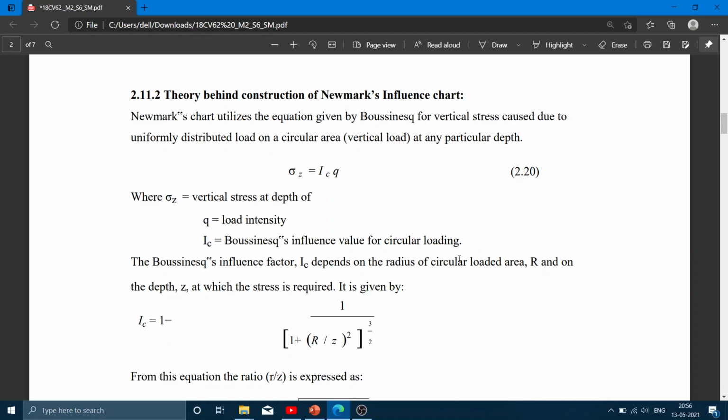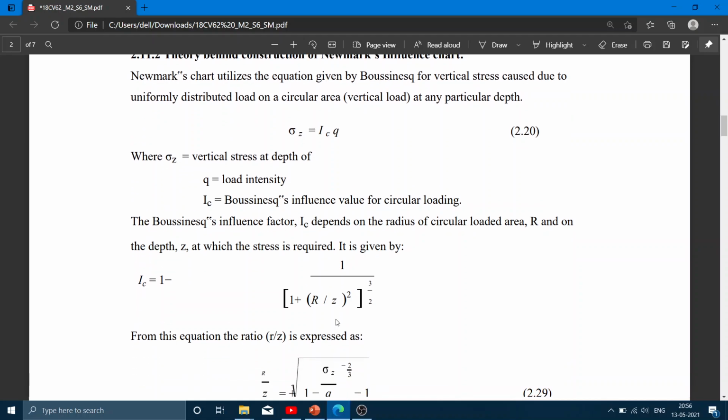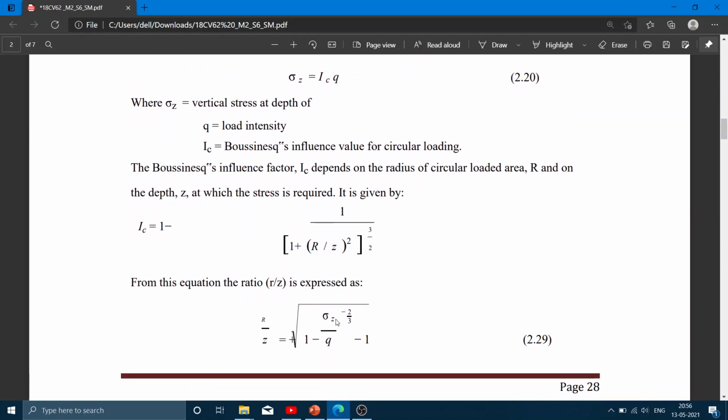The Boussinesq influence factor IC depends on the radius r of the circular loaded area and on the depth z at which stress is required. It is given by IC is equal to 1 minus 1 divided by (1 plus (r divided by z) square) to the power of 3 by 2.